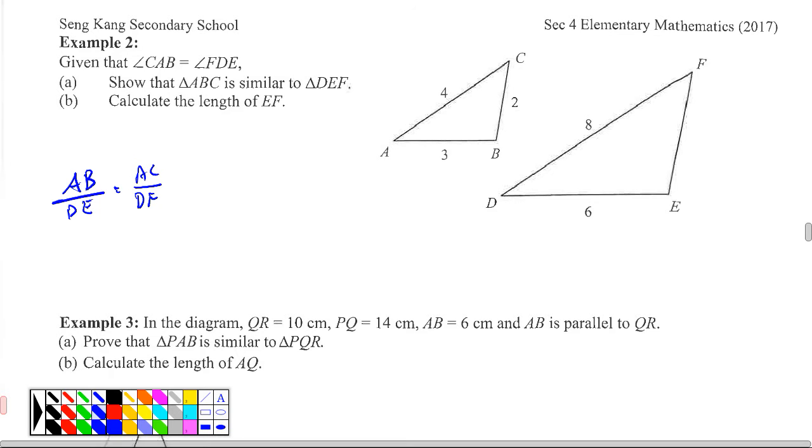So this is the side and side. Do I have one more side that is the same? Yes. Where? CB and FE. But I don't know what EF is. Do I know the length here? No. So how to use SSS?